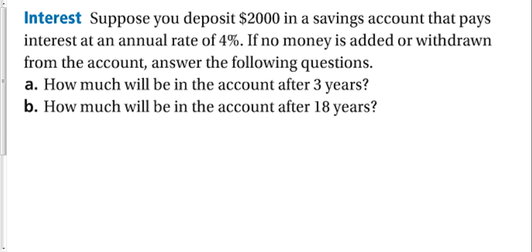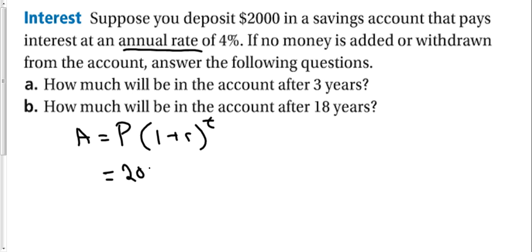So this problem, interest problem. If your interest is at an annual rate, compounded annually, we use the following formula: my amount equals my principal times 1 plus the rate to the t power. So this would change into 2,000, which is my principal, times 1 plus my rate. But you have to put your rate into a decimal. So it becomes 1 plus 0.04.